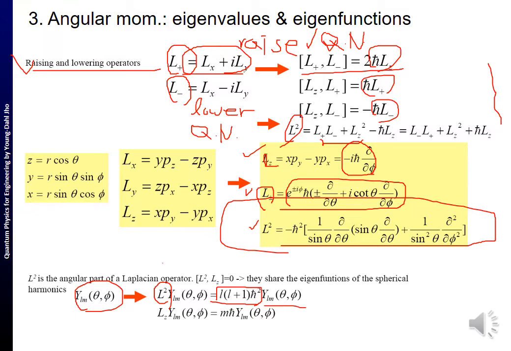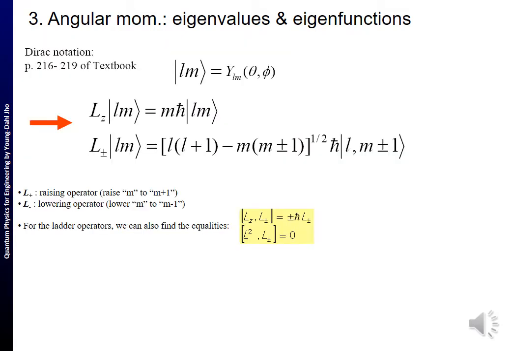So these are operator, these are eigenvalue. If we take the Lz operator, then you will have m h bar.